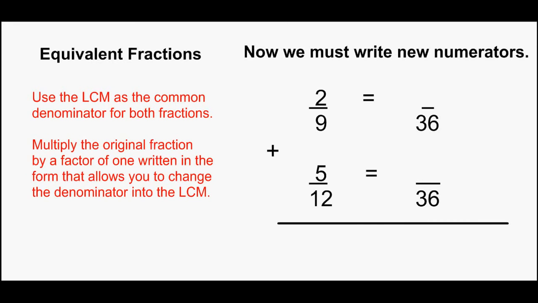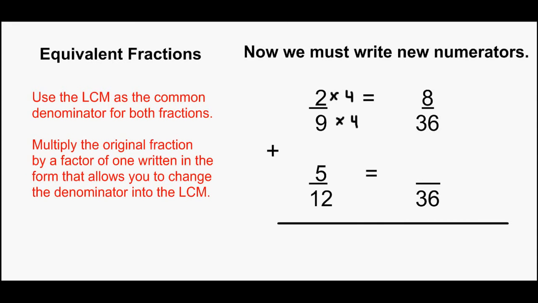For example, 9 times 4 equals 36. On top, we also multiply by 4. 2 times 4 equals 8. We have multiplied 2/9 by the fraction 4/4 equals 8/36.